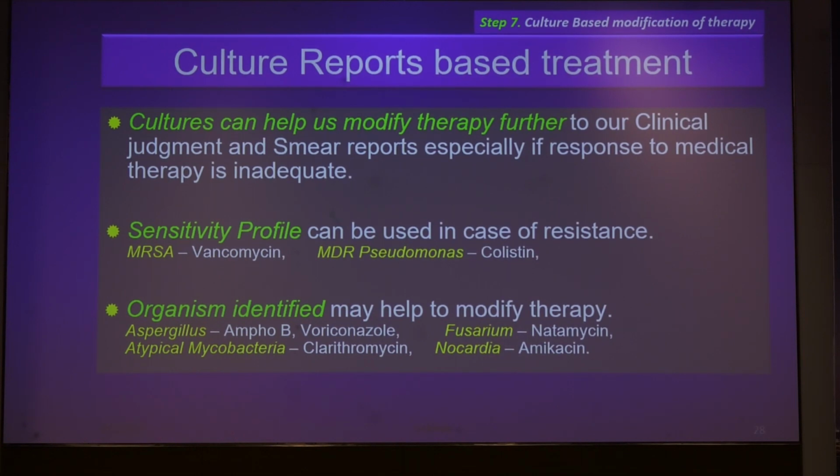And of course, when we have the sensitivity, we can select drugs which are more effective. However, again, base your selection on what has happened in the 48 to 72 hours till you got these reports. And even with fungus now, we have some options where we could prefer one drug over the other.